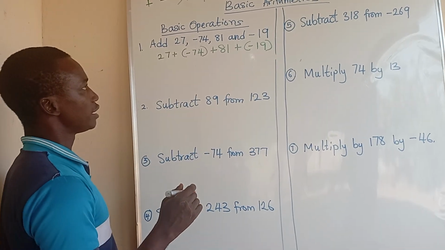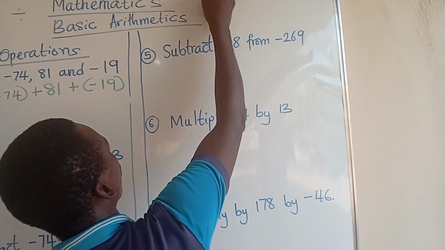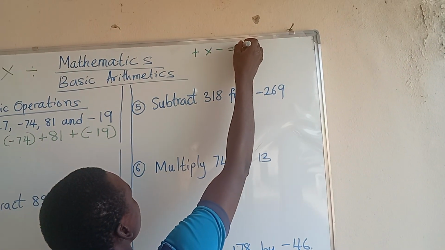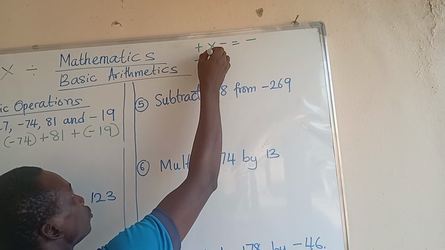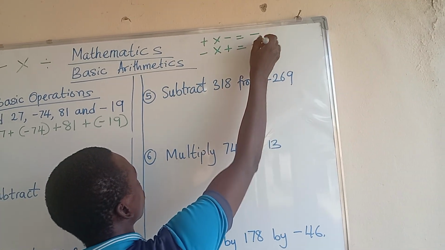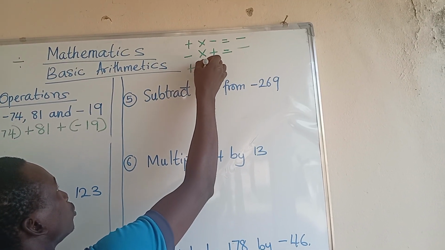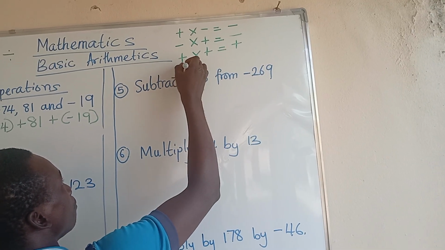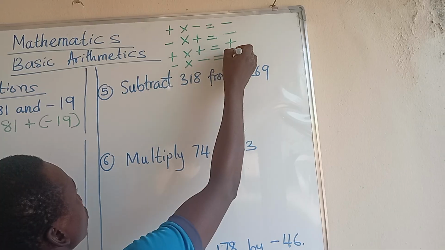And then we should keep this at the back of our mind. Let me put the expression here. Anytime plus multiplies minus, you are going to get minus. Anytime minus multiplies plus, you are going to get minus also. And anytime plus multiplies plus, you are going to get plus. And anytime minus multiplies minus, you are going to get plus.